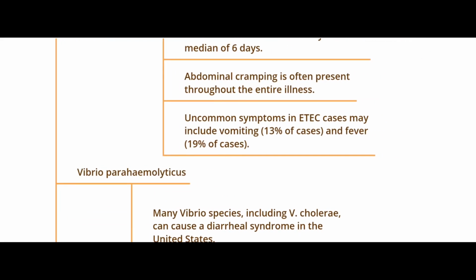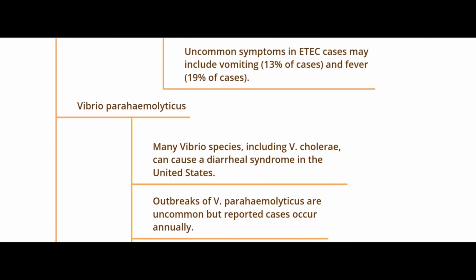If we talk about Vibrio parahemolyticus or non-cholera Vibrio, they cause diarrheal syndromes in the United States. Outbreaks of V. parahemolyticus are uncommon, but they can still be reported as it is one of the bacteria in the diagnostic panel.